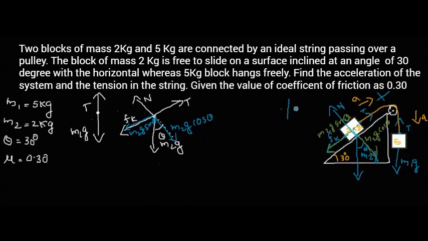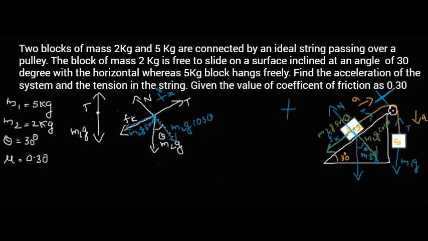I can choose this coordinate system in any manner. I can choose like this, or I can choose in this manner also. Here I selected my coordinate system in this fashion, that is the y-axis is parallel to the normal reaction, x-axis is parallel to the inclined plane, right? Okay. Now, so this is y, this is x, this is y-axis, this is x-axis.